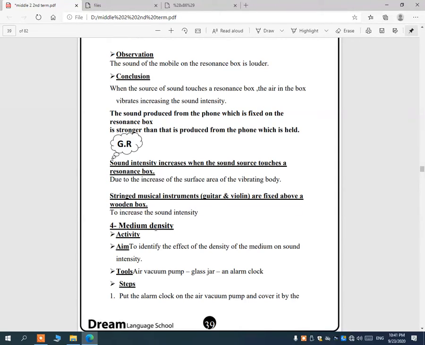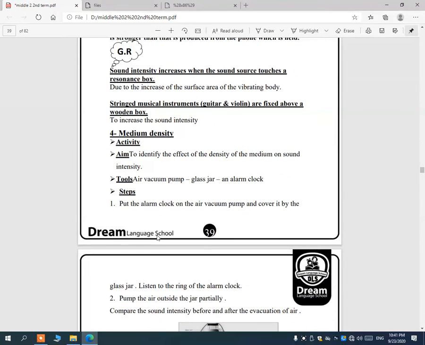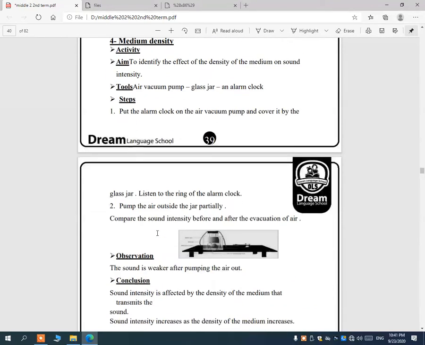Number 4, medium density. We have a device here, and this device can vacuum the air. We will put an alarm inside this device, and before vacuuming the air, there is air in this device, and we make the alarm make a sound, and we listen to the sound.